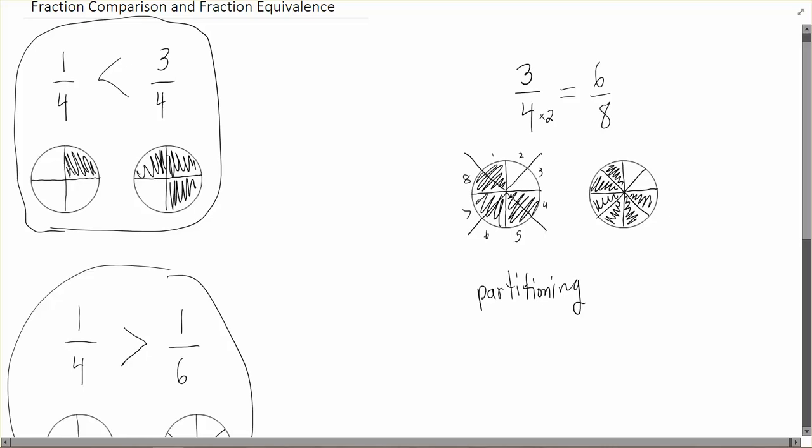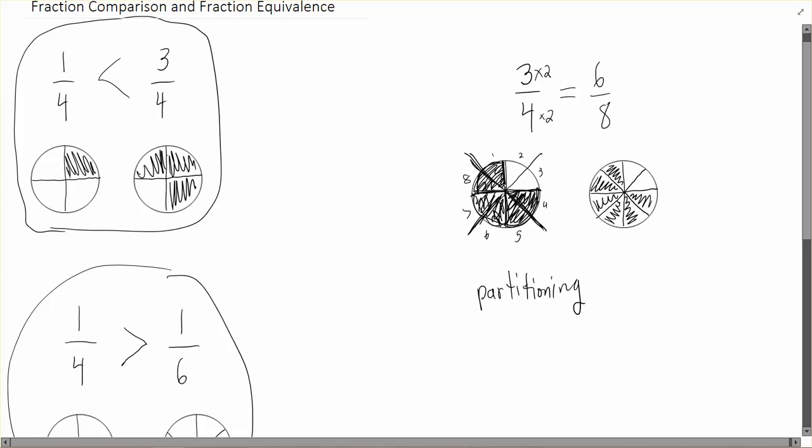Look at our picture. Here were our 3 pieces, 1, 2, and 3. What did I do to each of those 3 pieces? I split them into 2 equal parts because I was taking all my pieces and splitting them into 2 equal parts. When I have 3 things and I split them into 2 each, I end up with 1, 2, 3, 4, 5, 6 things.